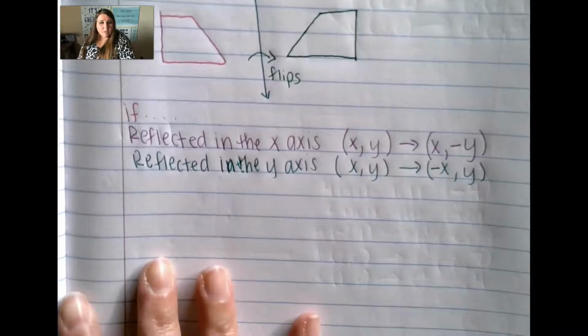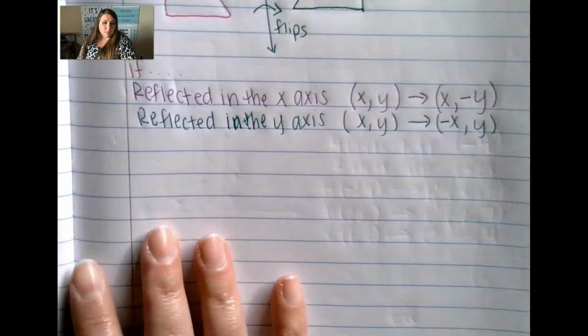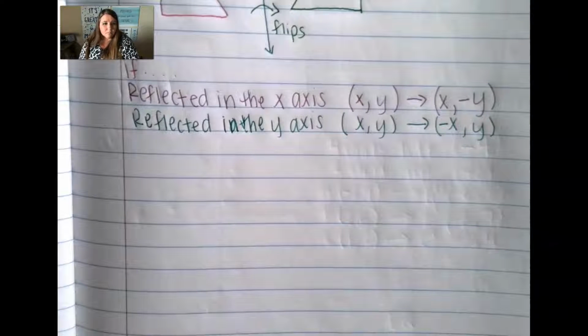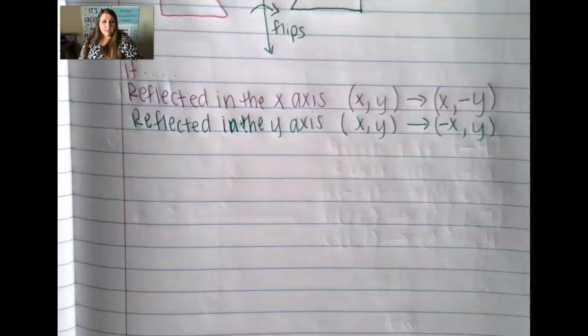So let's look at what this looks like when we are actually graphing. Our first example is a triangle, and we're going to flip the triangle, or reflect the triangle, over the axis.